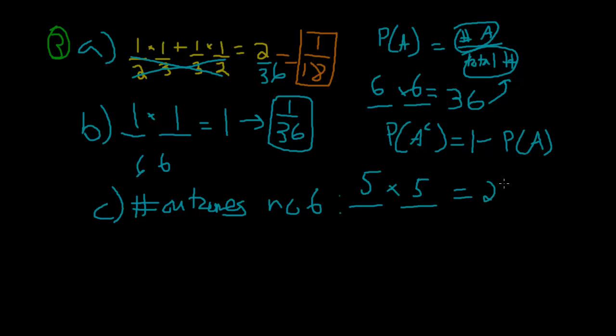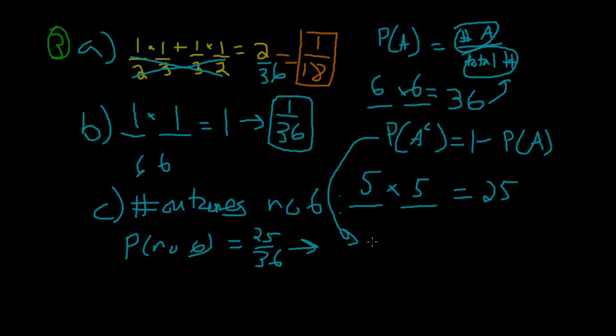So there's 25 total possible outcomes that result in not having a 6 at all. So the probability of no 6 is 25 over 36. So using this equation, the probability of at least 1 6 is 1 minus 25 over 36, which equals 11 over 36.